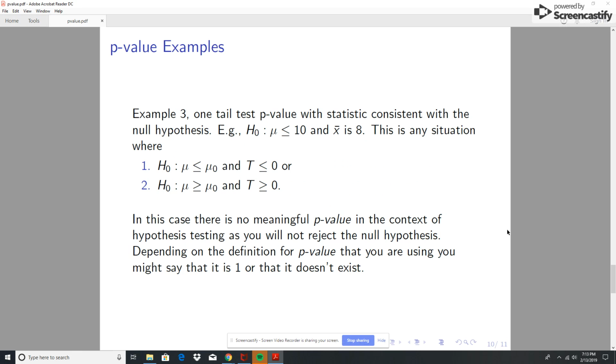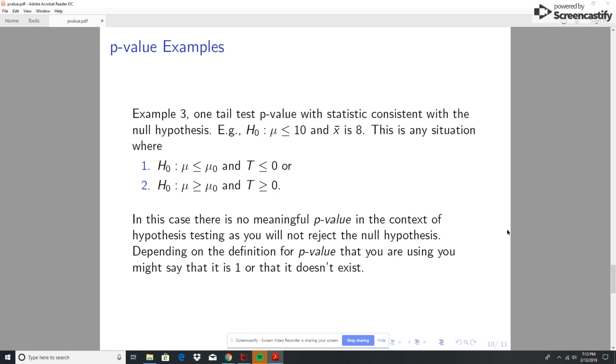Another scenario here is that you have a one-tailed test, but the p-value is coming from a statistic that's consistent with the null hypothesis. So what I mean by consistent with the null hypothesis, let's suppose that the null is that mu is less than or equal to 10, and you get data that completely agree with that.